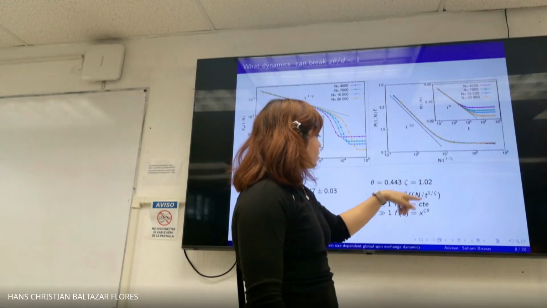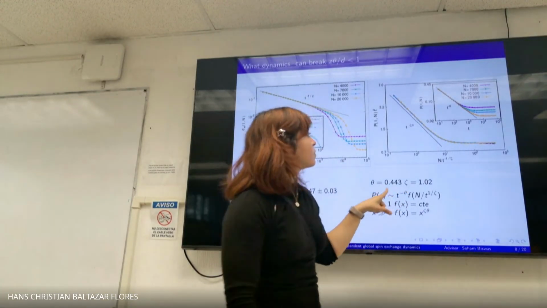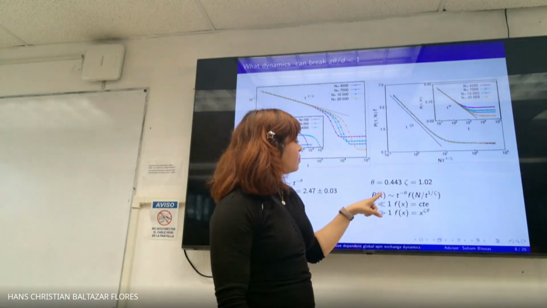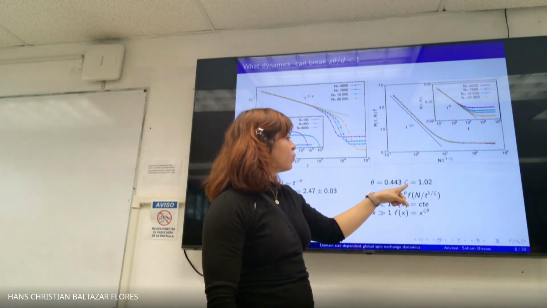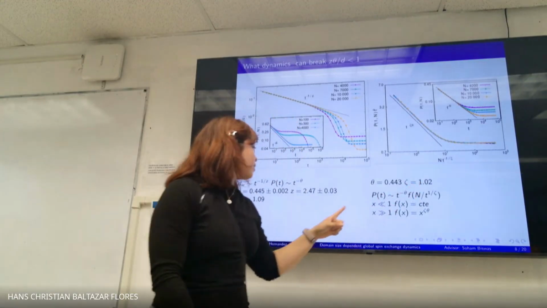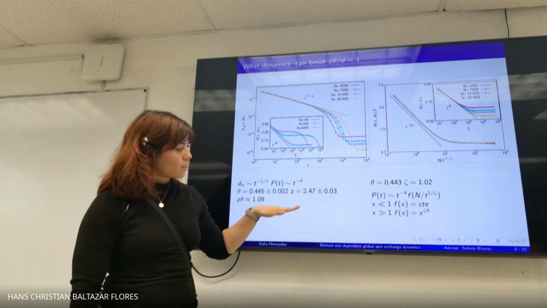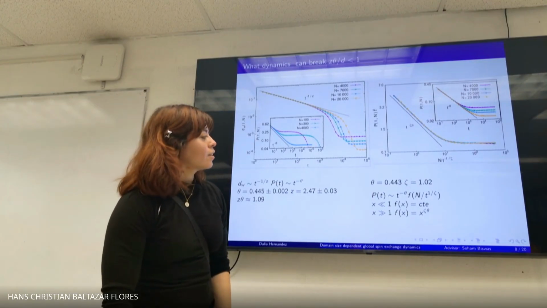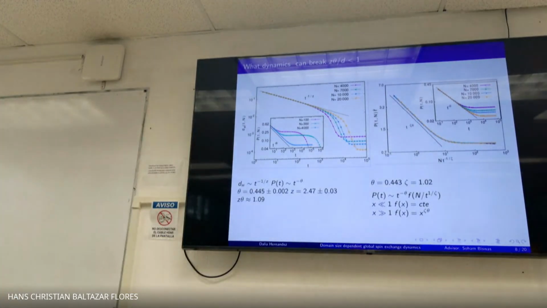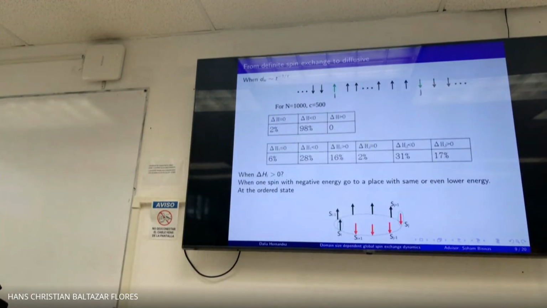And you do this through this equation. And we found zeta equal to 1.2. That is different from z, which is 2.47. And this is the first result that shows this.